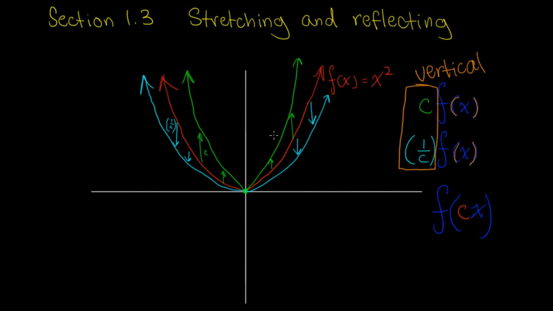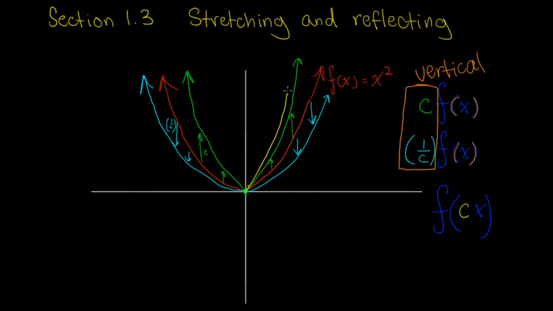So if red is our starting function, and it shrinks horizontally, then that's in red. I probably shouldn't have wrote that in red. Hold on. Let's make it better. Let me do yellow for c. So now it's a shrinkage.